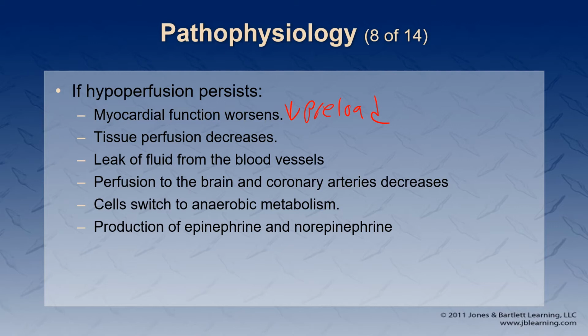Your tissues are going to continue to be underperfused, which is going to result in the accumulation of even more waste products and metabolic acids. The fluid is going to continue to leak out of your blood vessels. They're going to continue to dilate as waste products build up, right?